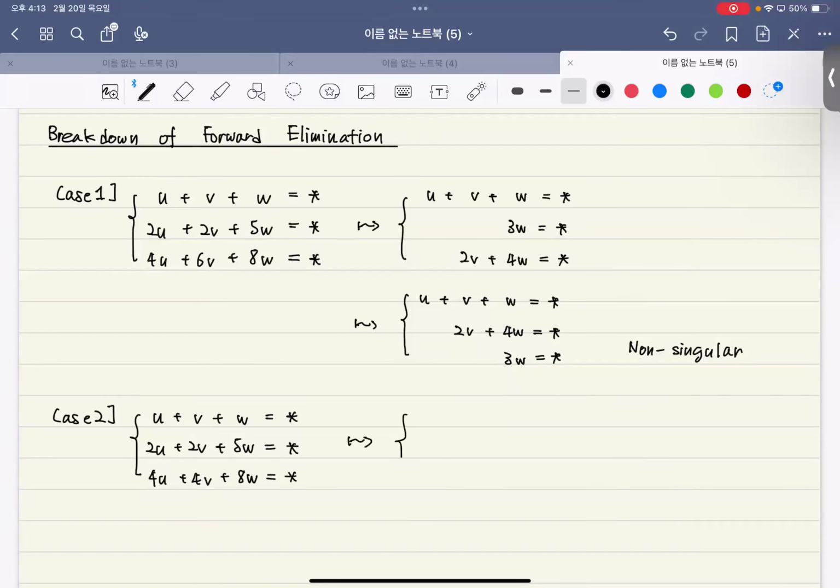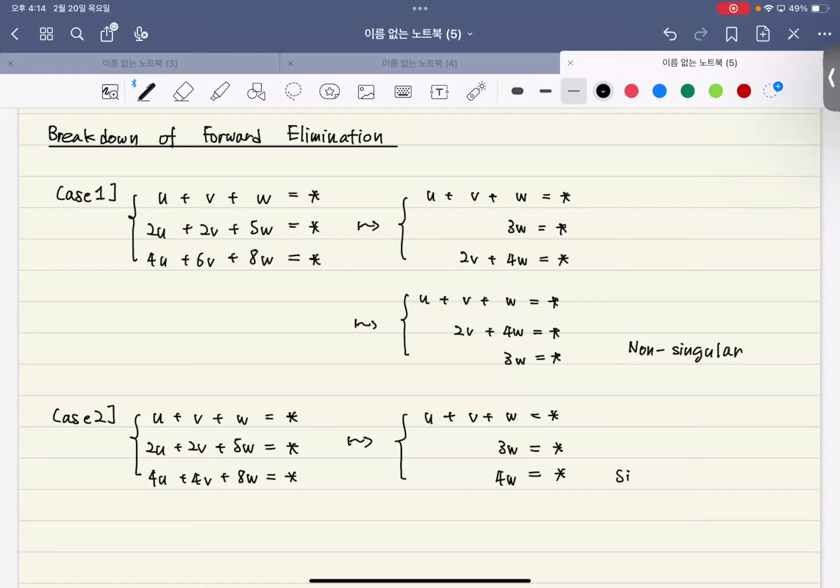Applying Gaussian elimination, it turns out 3W and 4W, right? In this case, no matter how many times you exchange the order of the rows, having a 0 on the diagonal is inevitable, right? So in this case, I cannot proceed any longer.